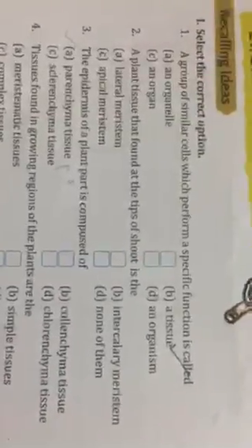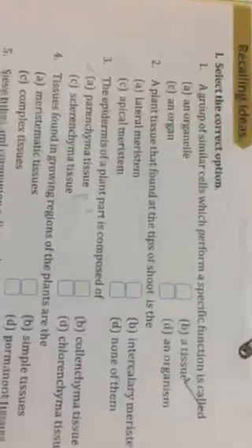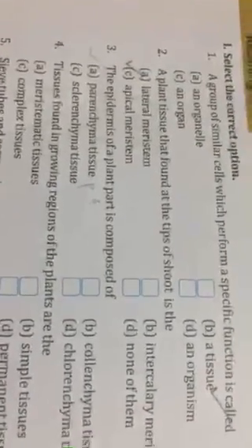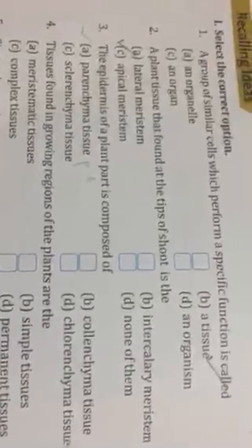Okay. Then a plant tissue that is found at the tips. Tips means apical. You mark it. Then epidermis is a part of plant composed of. Here you will get a little bit of doubt, but I marked the answer: parenchyma tissue, that is available on page 4.